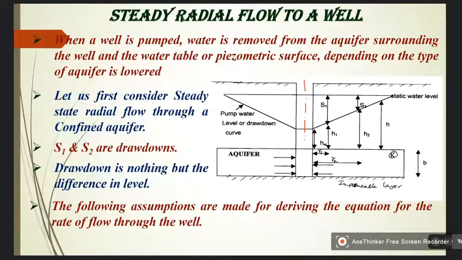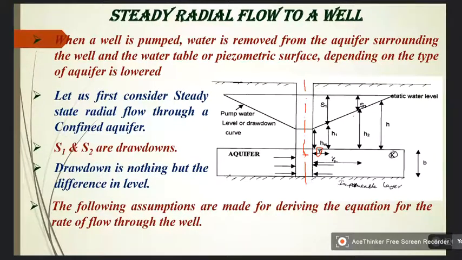With reference to this axis, I will consider two locations. R1 is the radial distance from the well.